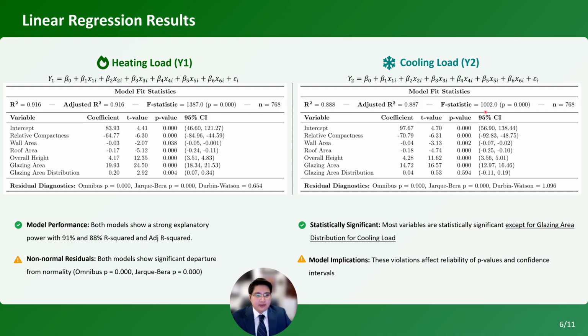Both of our models are statistically significant. Now let's take a look at the variables, and we can see that for both models, most of the variables are statistically significant, except for the cooling load, where the glazing area is not statistically significant.